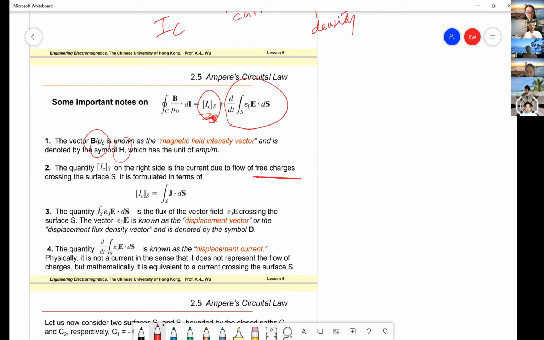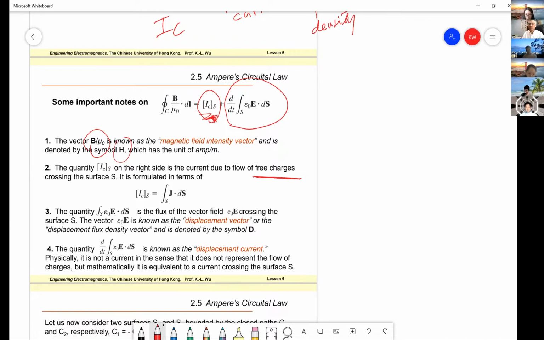If I have an electric field changing with time, transmitted from the antenna, then I have displacement current. But that current has nothing to do with the current on my conducting wire. So these two currents are independent.